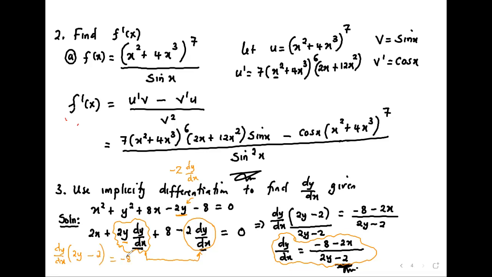So we have minus 8 minus 2x. We want dy/dx to remain alone. So you divide this part which is multiplied. You divide on both sides. Oh, I got it there.